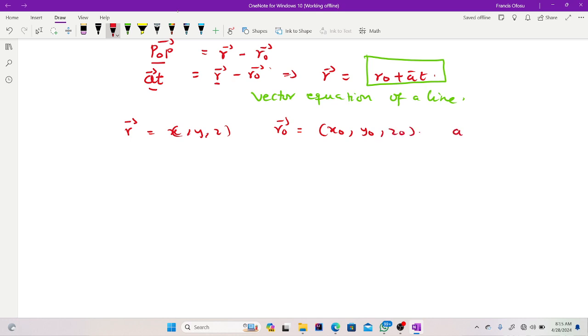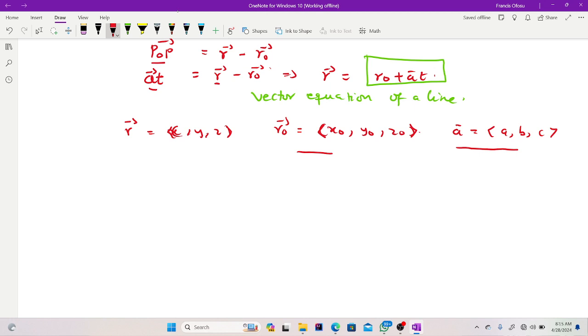Our directional vector A is giving us A, B, then C. Sorry, here should be angle brackets: A, B, and C. And as we began, I told you that to fully find the equation of a line, you need a directional vector as well as one known point. And that is what we've got here.